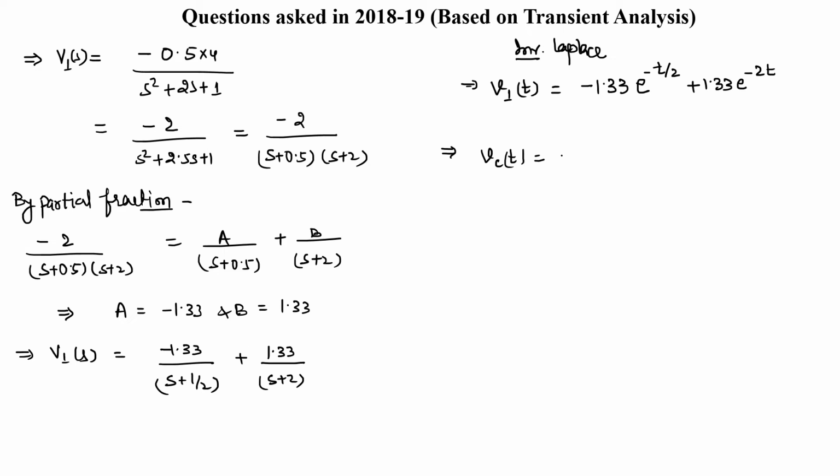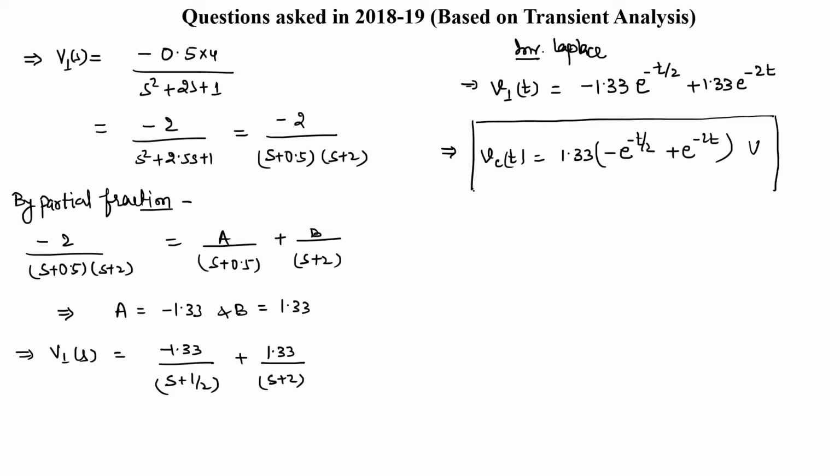So it will be equal to 1.33 times minus e raised to the power minus t by 2 plus e raised to the power minus 2t volts. So our desired answer is this.